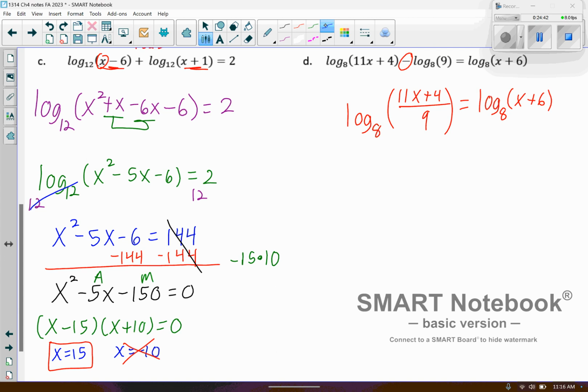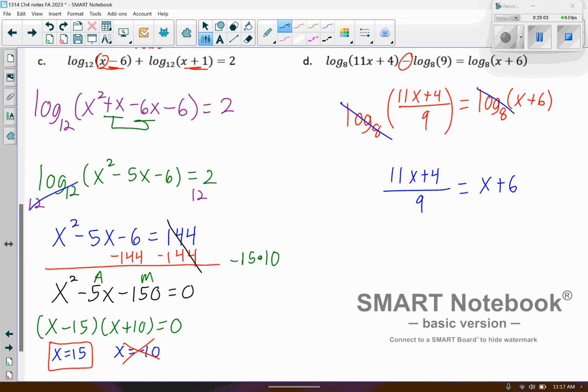And then what we can do here is we're just going to lift up those logs, because we're really focused on getting the part in parentheses equal to each other. So now we're going to have 11x plus 4, divided by 9, equals x plus 6.